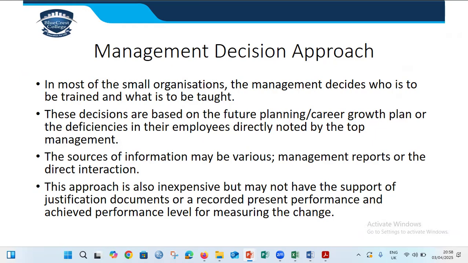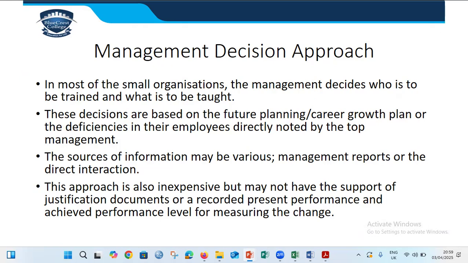Top management, based on what they have observed or what they are anticipating for the future, would recommend that an employee goes through training. And these decisions are based on future planning or a career growth plan or the deficiencies in the employee's work. Most of the time these are what top management have observed.